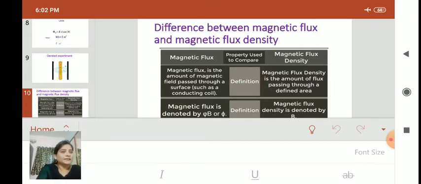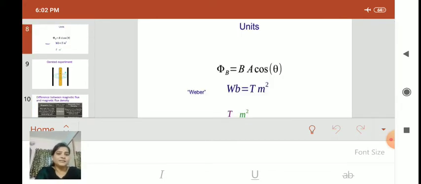So if theta is 0, magnetic flux phi is equal to B A. That means if the area of the surface and the field are in the same direction, parallel, then theta is 0, and I can say that magnetic flux is equal to B A. So from that I can write B as equal to phi B by A. That is nothing but B, the magnetic flux density, the magnetic field induction.